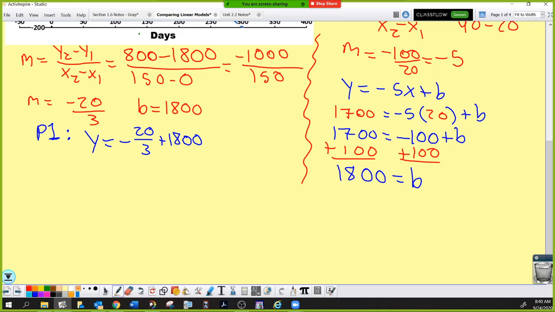These two people had the same starting debt, $1,800. Well, because you've already established which one is paying off at a faster rate, and you can see that they started with the same amount of debt, clearly the person with the faster payoff rate will be the one who pays their credit card off first.